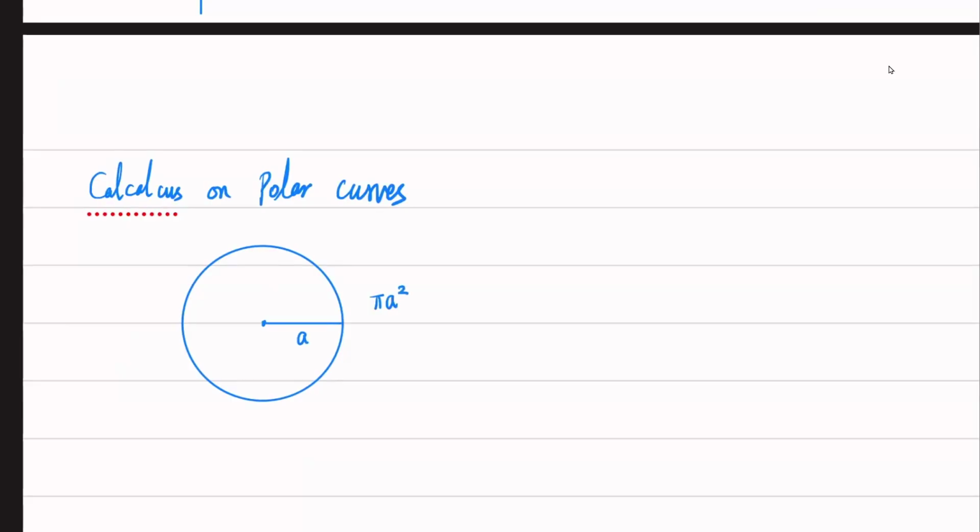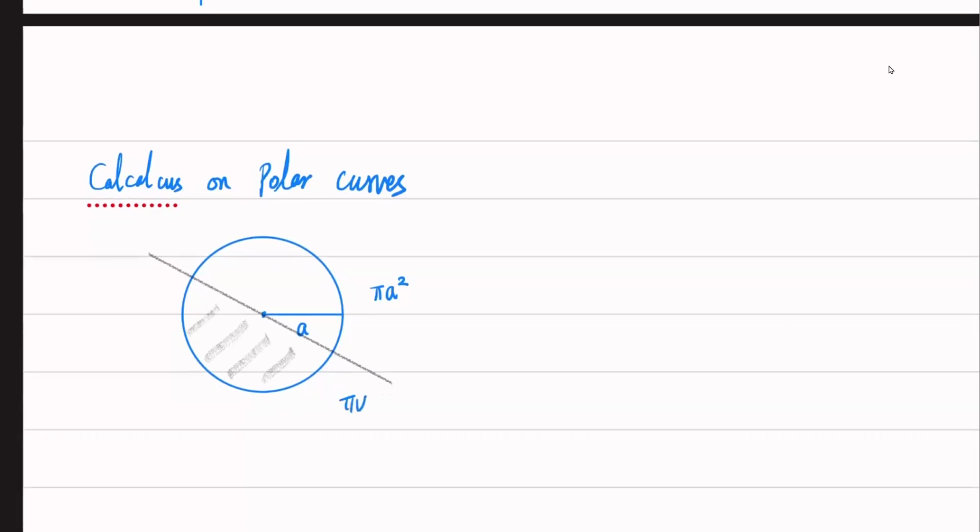Now if I cut this in half, what's this area? Divided by 2. So it will be pi a squared over 2. If I divide by a quarter, it's divided by 4.